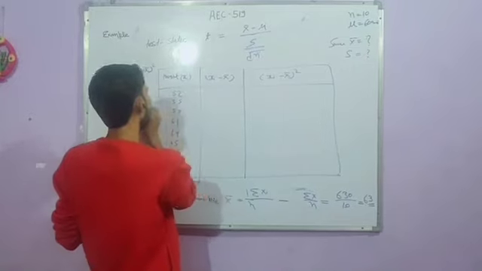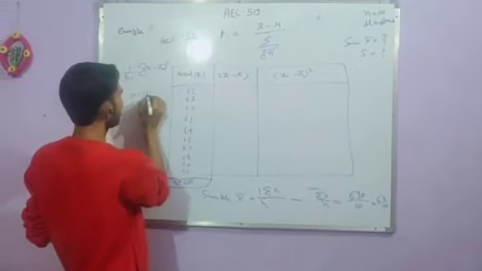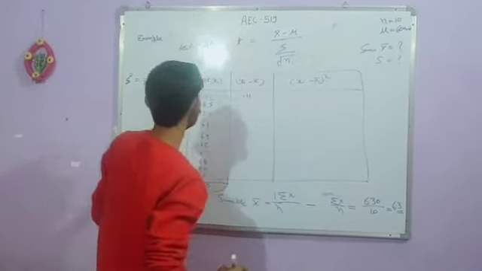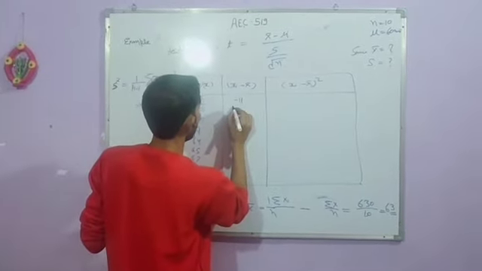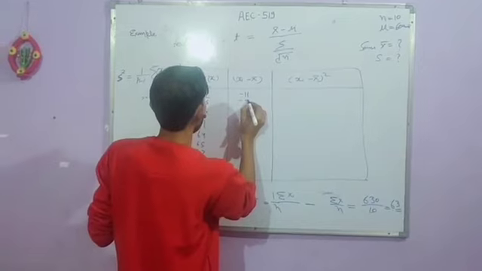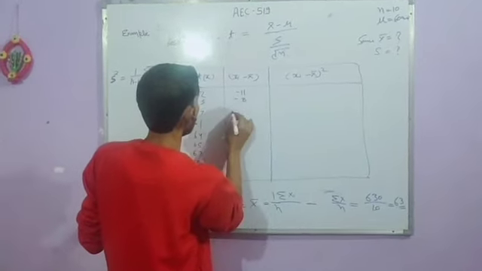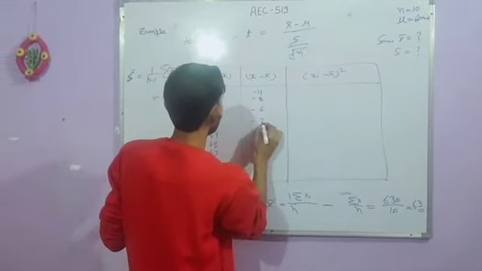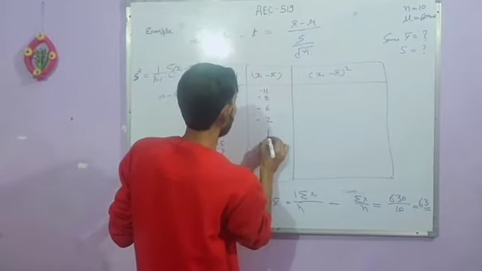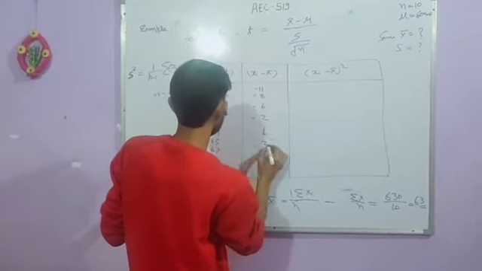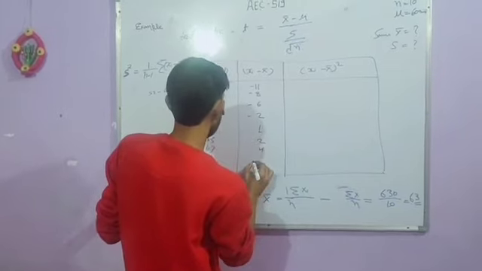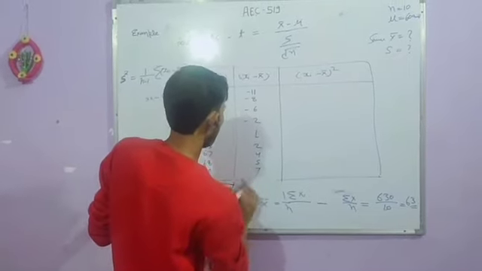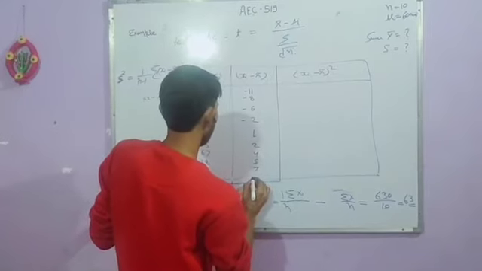So this is xi, and we subtract 63 from every xi. So here 52 minus 63 is minus 11, minus 8, minus 6, minus 2, plus 1, plus 2, plus 4, plus 5, plus 7 and plus 8.